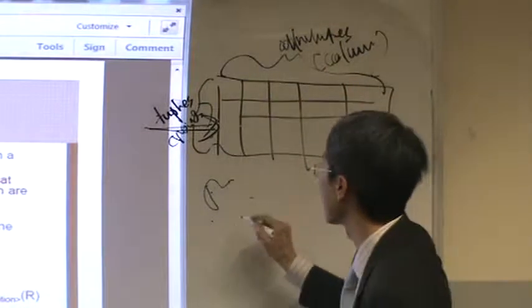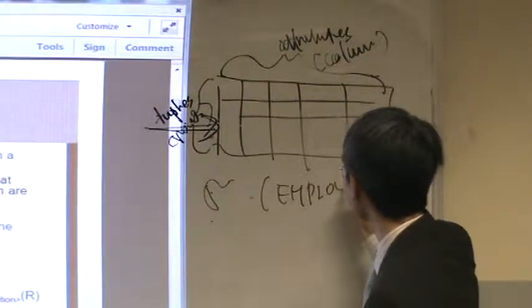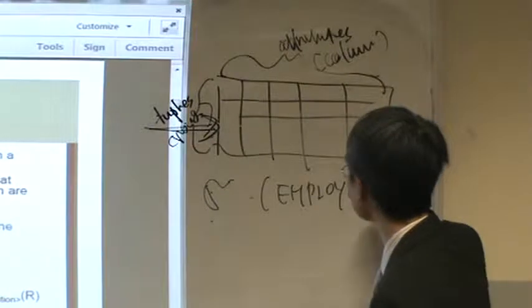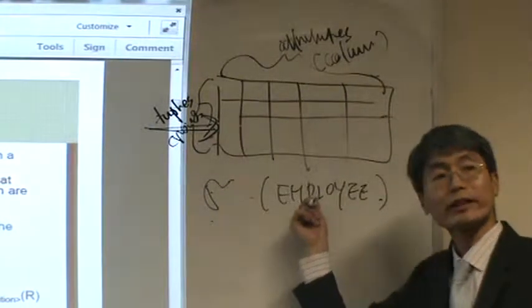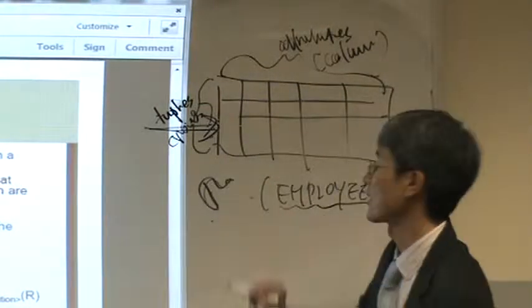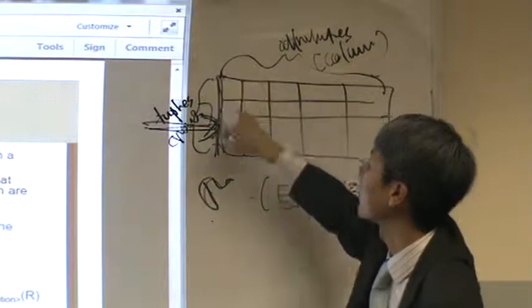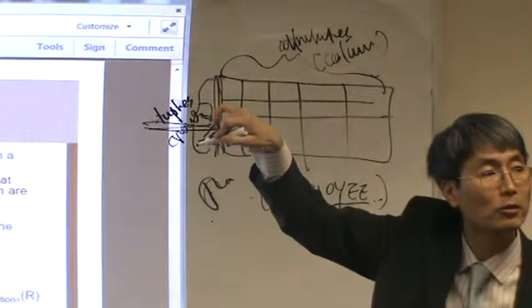We specify the name of the relation here, then sigma, which means we'd like to access the relation in terms of tuples, in terms of rows.